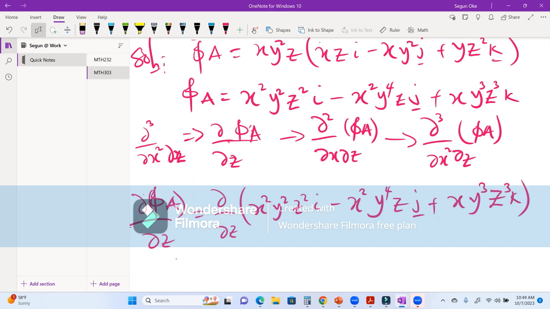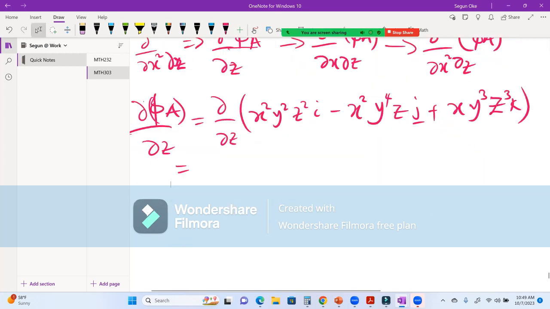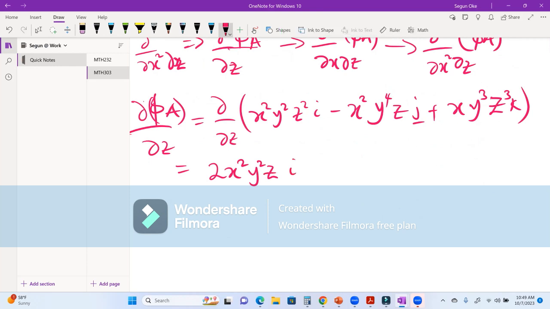Everything here will only differentiate with respect to z. The rest will be constant. It will be 2x squared y squared z i minus x squared y4, because this one would be 1, j plus 3xy cubed z squared k.